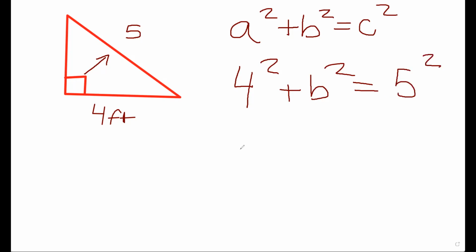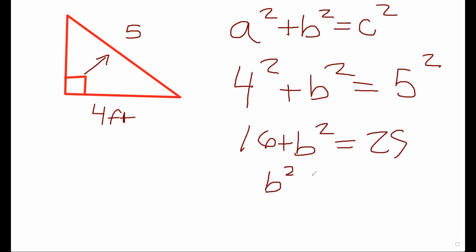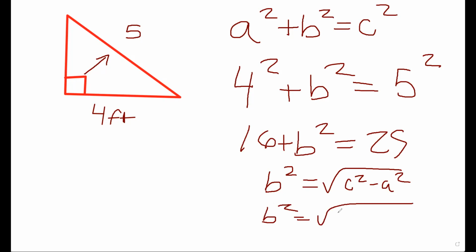So this is 16 plus b squared equals 25. So how do you solve for b? Basically, b equals the square root of c squared minus a squared, or the square root of c squared minus b squared. Doesn't matter. A and B you can mix up. You still get the same answer. So b squared equals c squared, which is 25, minus a squared, which is 16.